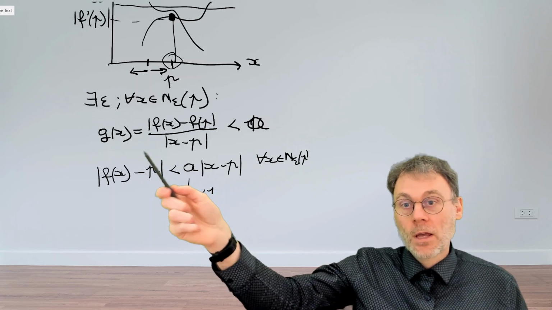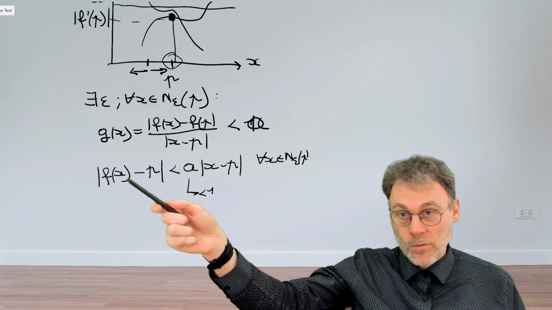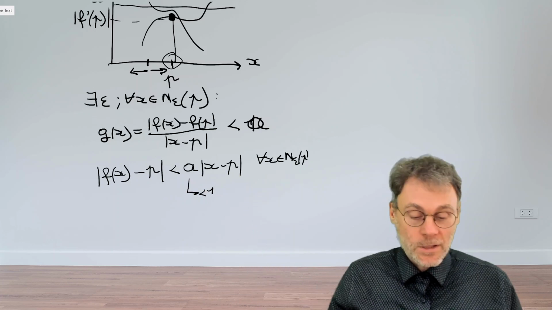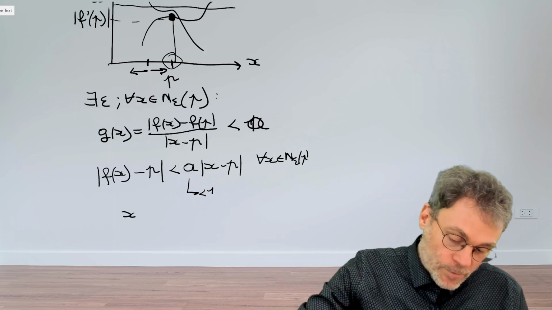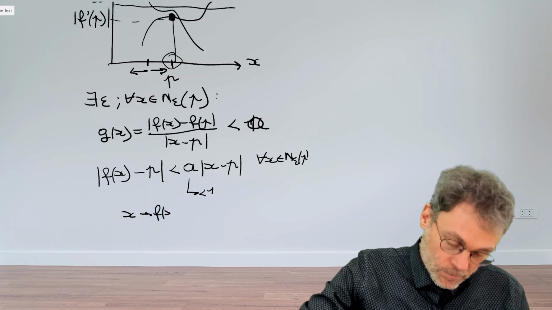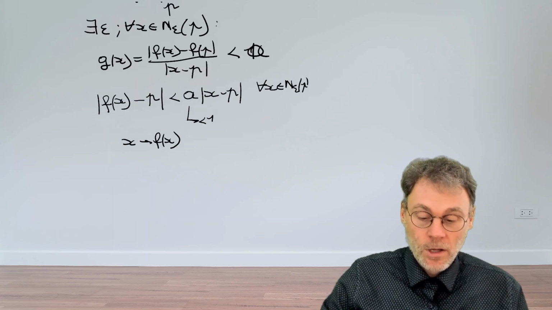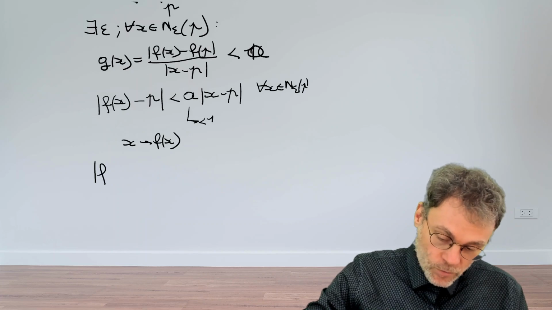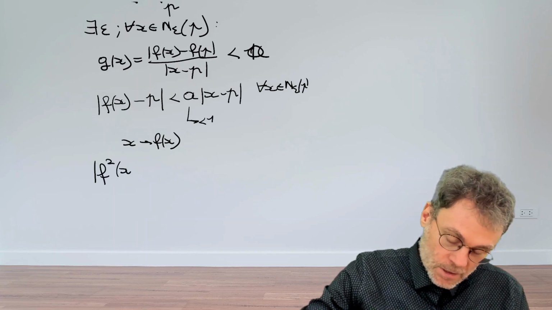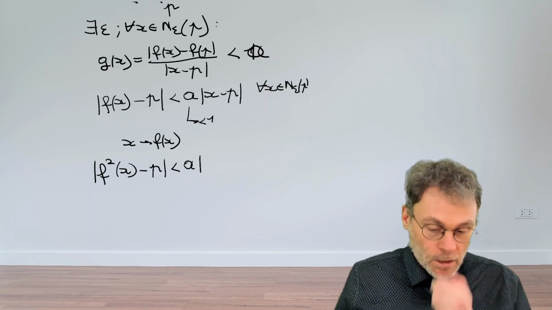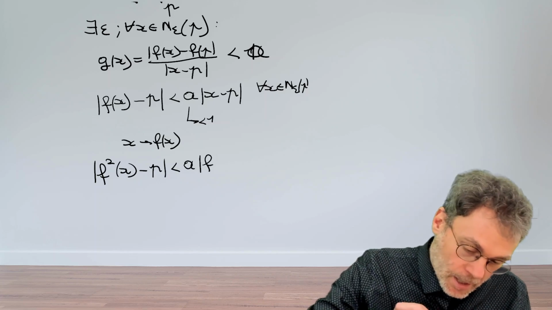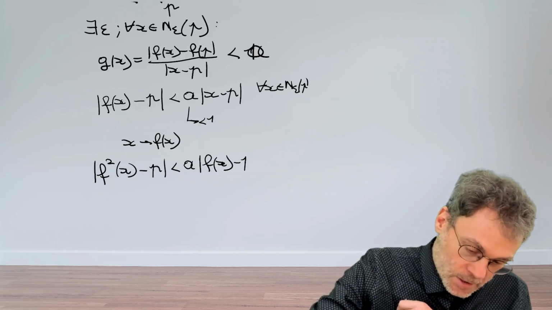What we can do is we can have that same expression, which is valid for all possible values of x, and just repeat that, replacing x by f of x, which is also part of the epsilon neighborhood. So if we do that, we end up with |f²(x) - p| smaller than a times |f(x) - p|.